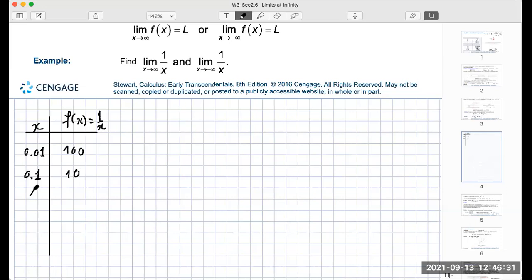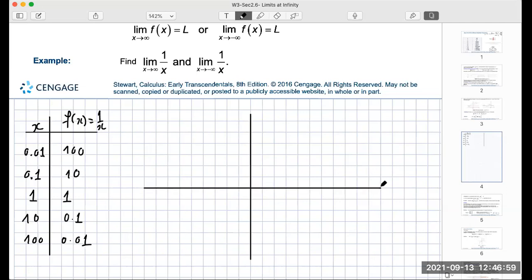Very good. How about at x is equal to 1? Very good. At x is equal to 10? Yes, 1/10 or 0.1, very good. At x is equal to 100? Very good. So let us plot these points, right? This is a basic function. Remember the graph of this guy? You just draw it one time.